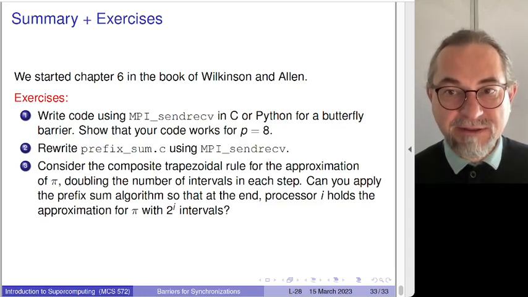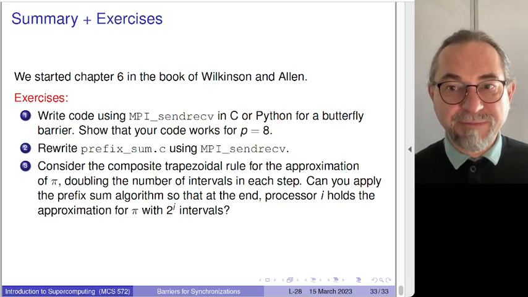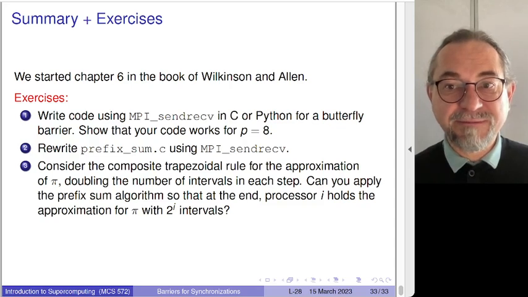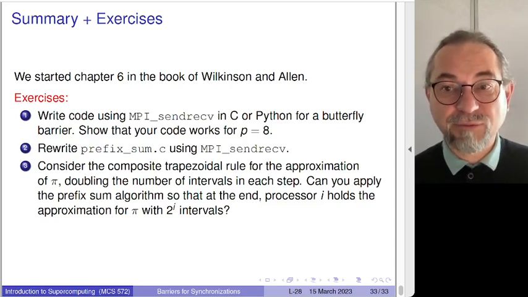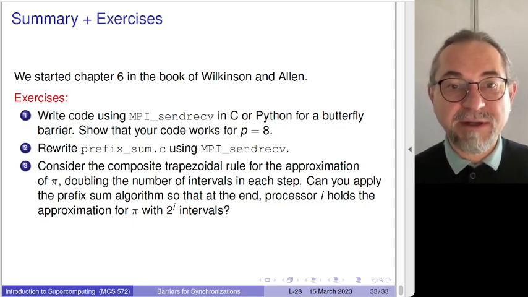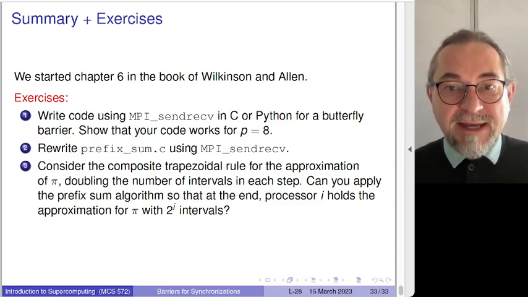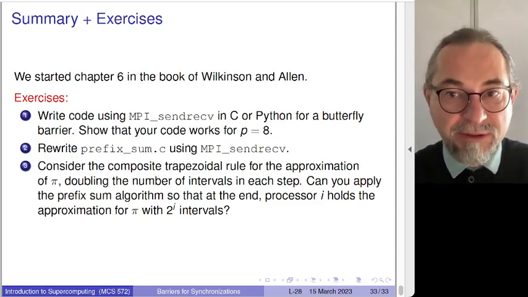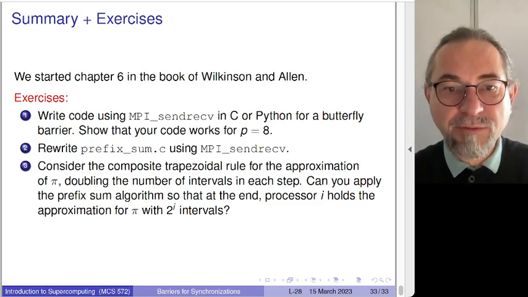So MPI is very large, but we've seen already in the beginning that it does not take that many instructions and constructs to write really useful programs. The send and receive is quite useful to avoid deadlock, and especially if you have to implement your own butterfly barrier. So the exercises here are to experiment either with MPI or in C or with Python.